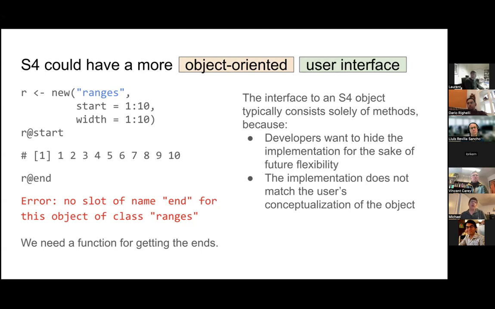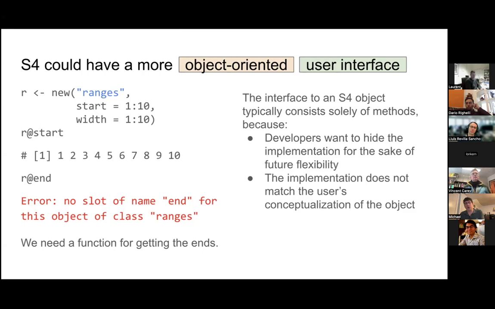But from the user interface perspective, somebody wanting to think of this thing as a natural object might want to get the ends. And we had no way to elegantly define an end slot, because it would make the implementation redundant with itself, which adds complexity and is not something you want when designing data structures.